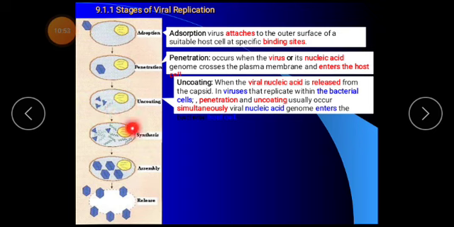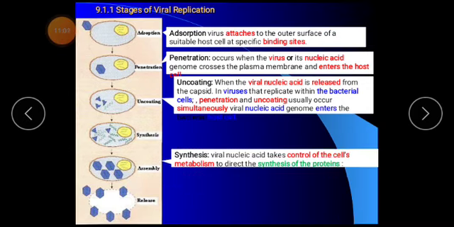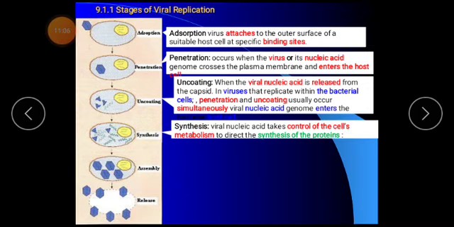So let us see the next step, which is called synthesis. The viral nucleic acid takes control of the cell's metabolism to direct the synthesis of the protein. If we say synthesis, you likely think about protein synthesis. So if the virus intervenes in the cytoplasm of the host cell, it is likely to release its nucleic acid genome, and after that it takes part in the metabolic activities of the cell.